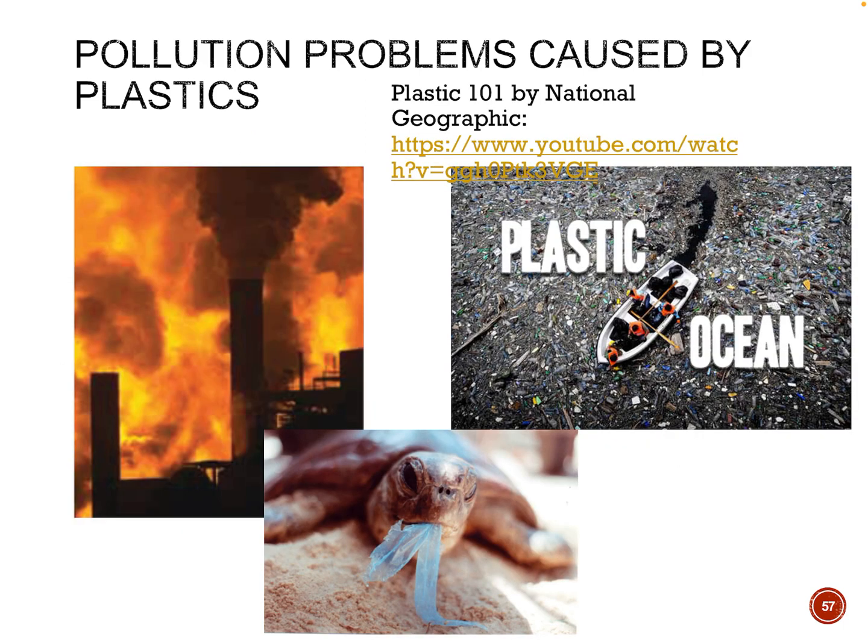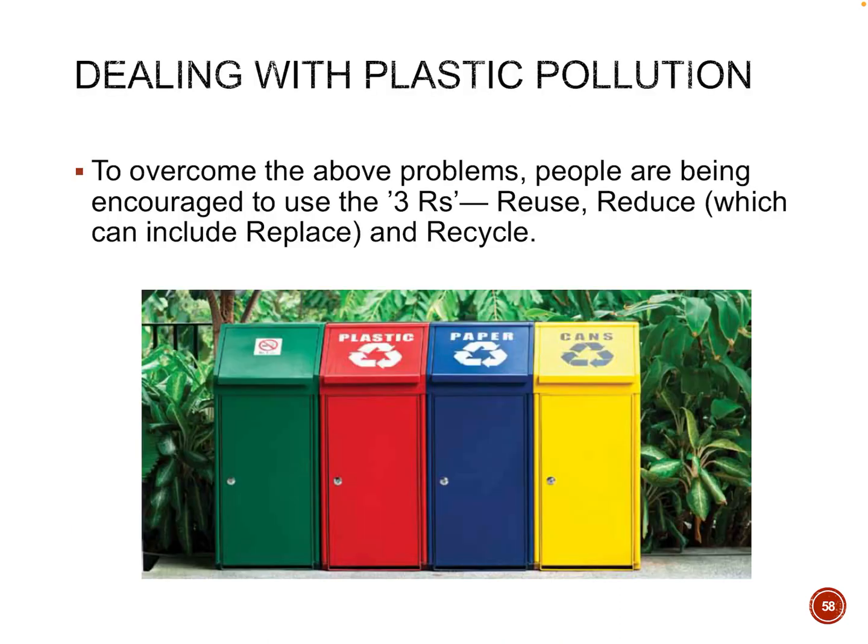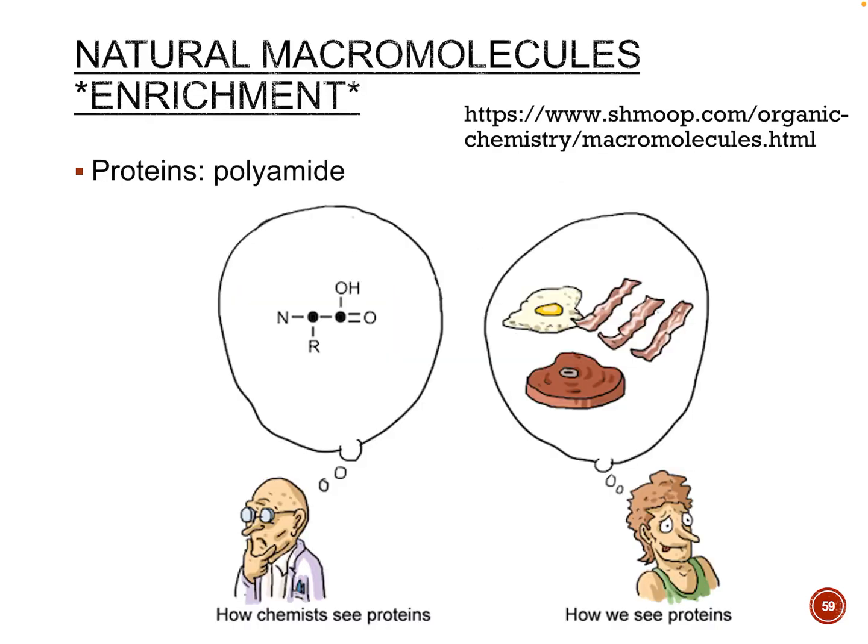So you can watch this video, Plastic 101 by National Geographic. It will show you all the horrible destruction caused by plastics. So now to overcome the plastic pollution problem, we encourage reusing, reducing, and recycling.